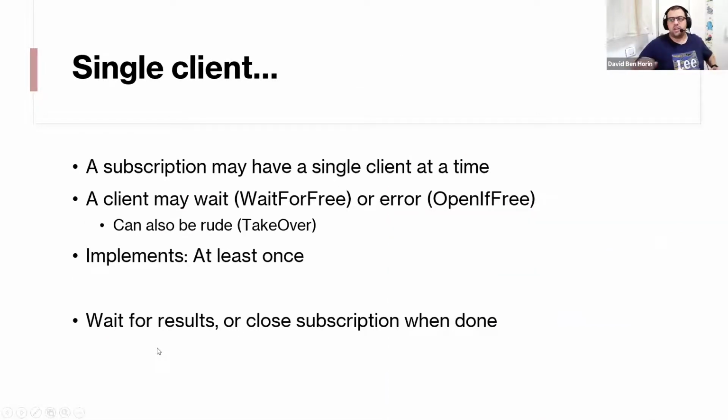Okay. Right now, there could be only a single client connected to a subscription. And that means that you're guaranteed that the data will be processed in the order it was modified. There is no concurrency on batches and all sorts of stuff like that. In practical terms, it means that when you open the subscription, we can see it here.